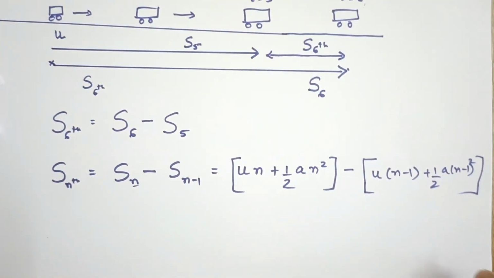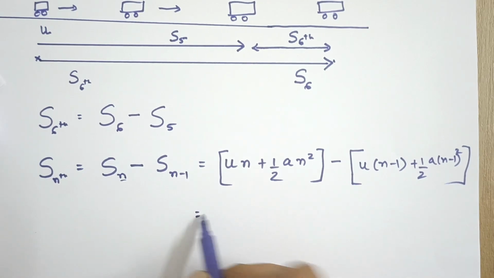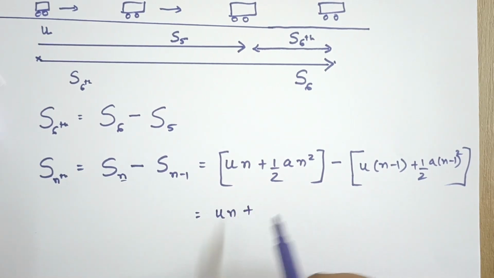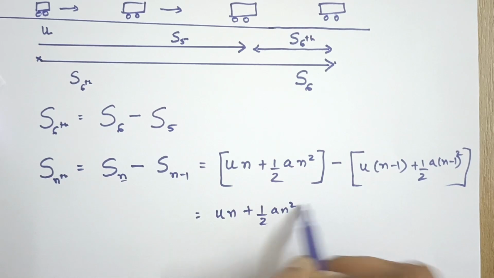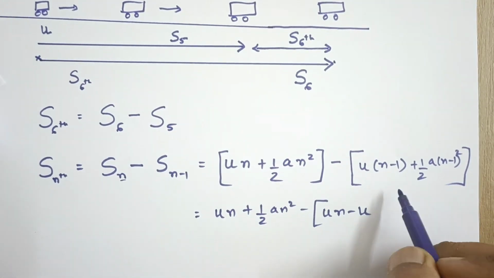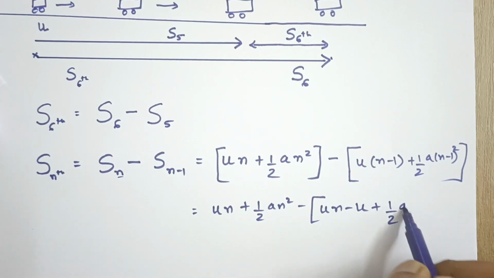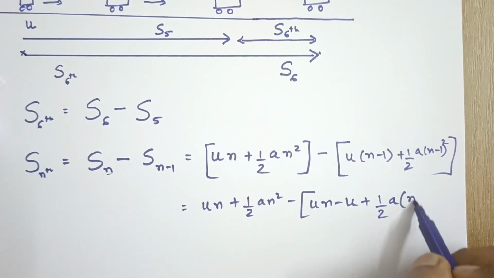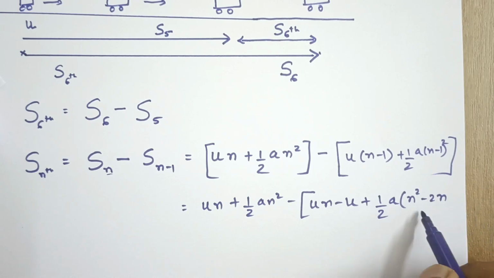Correct. Now let's open up the bracket, and this is un plus half a n square minus, let's open up this bracket, un minus u plus half a times a square minus 2ab plus b square.